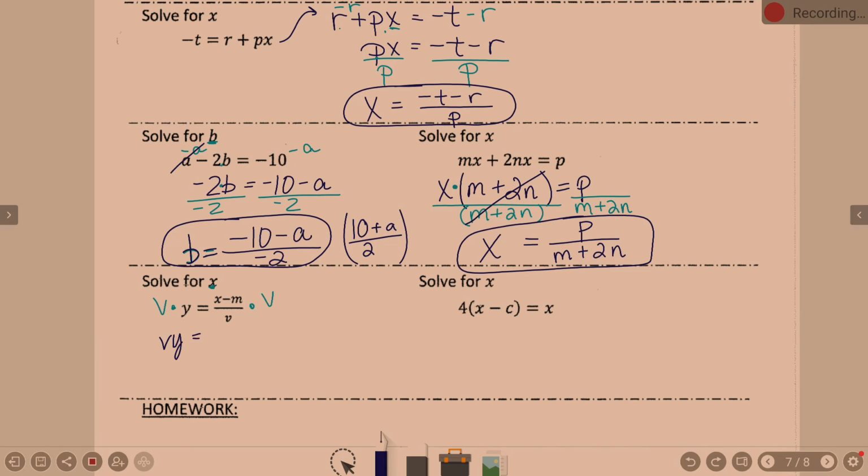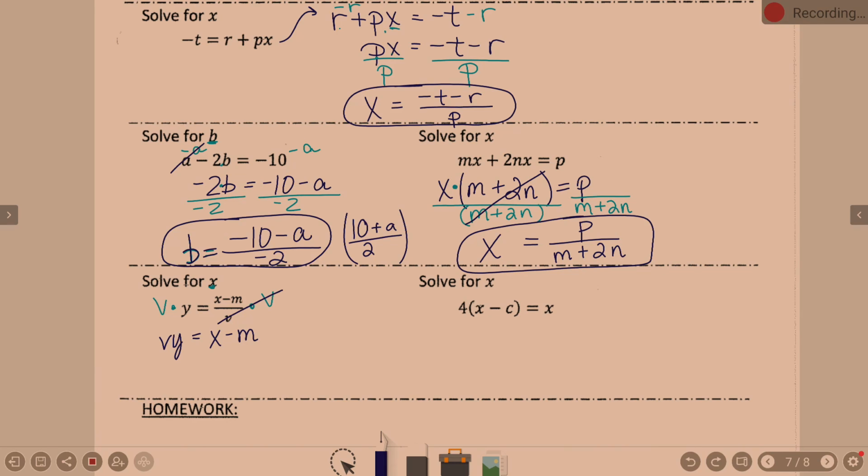On the right, the v's will cancel, and I'm going to be left with x minus m. If it's x minus m, how do I get x by itself?